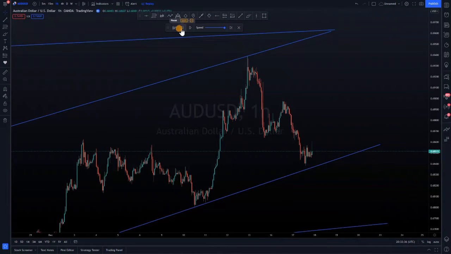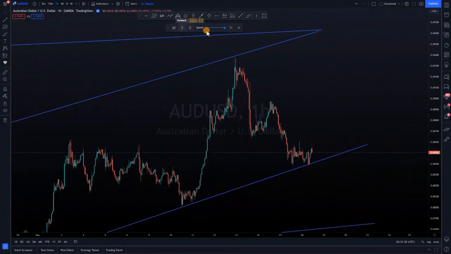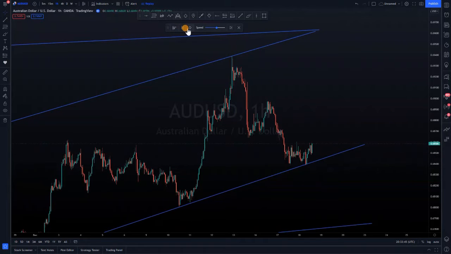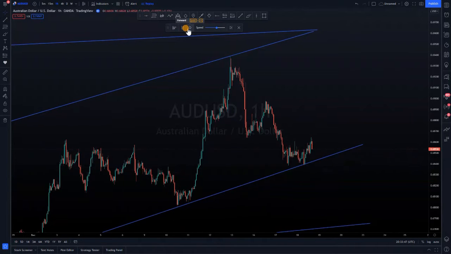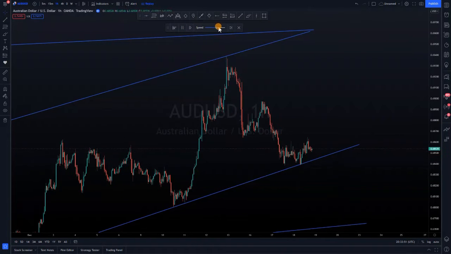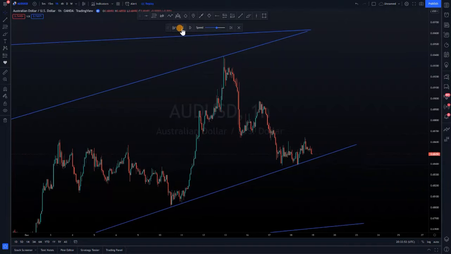So let's play the price. Oh, so fast. That is fast. When you backtest, you have this tool here.